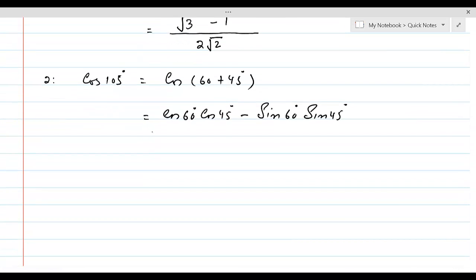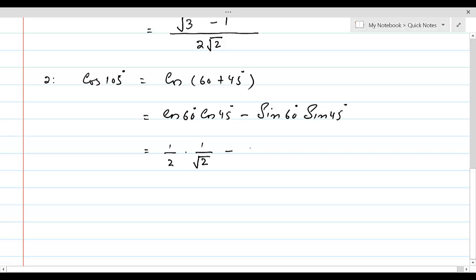And cos 60 degrees is equal to 1 over 2, times cos 45 degrees is 1 over root 2, minus sine 60 is root 3 by 2 into sine 45 is 1 over root 2.